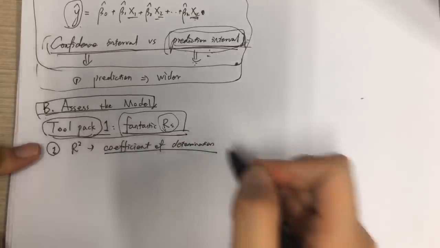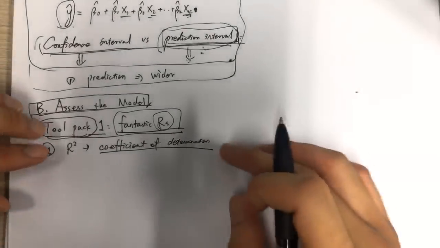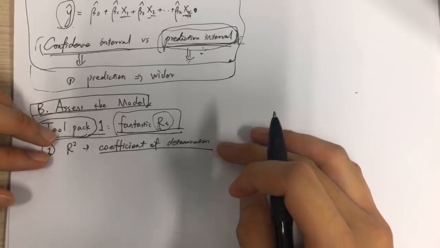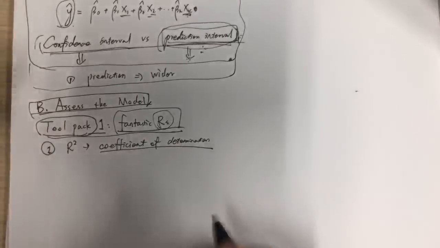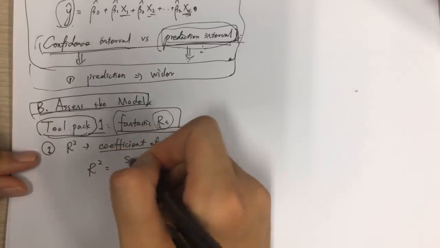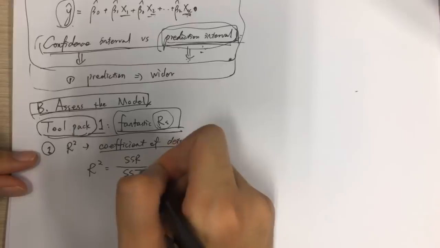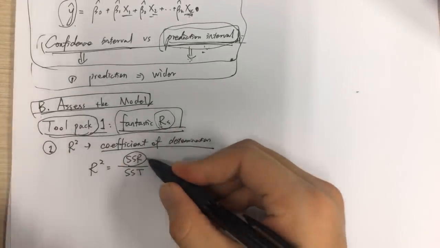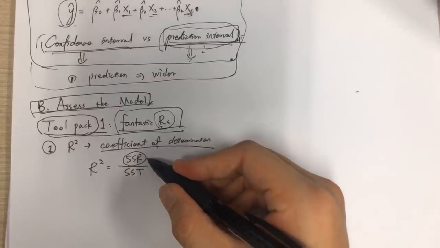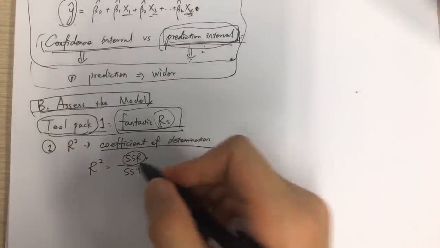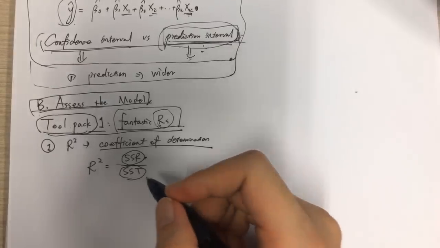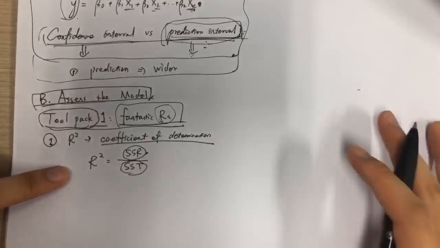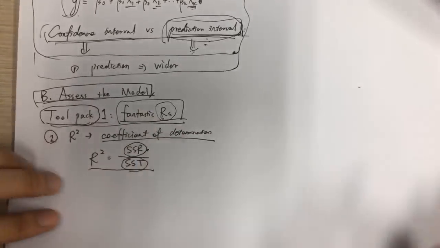Okay, coefficient of determination. If in your question you're asked, what is the coefficient of determination? You need to know it's R squared, right? And it's calculated by SSR divided by SST, right? SSR stands for the total variation that is explained by the linear regression model, and SST is the total variation in Y. Therefore, another thing that you can be tested on is to interpret R square, okay?